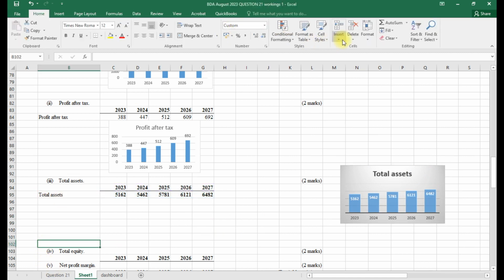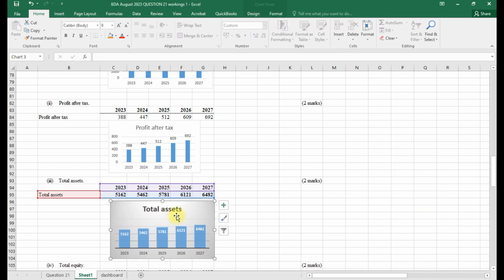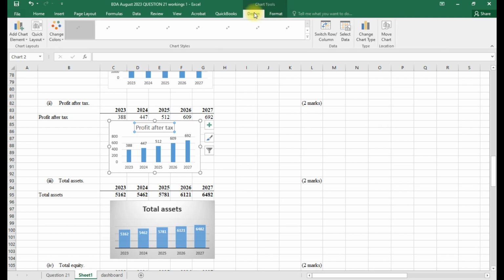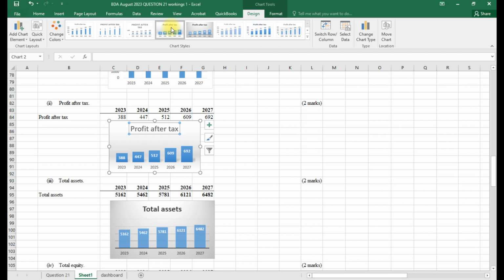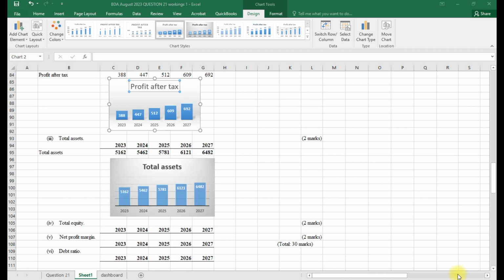Just need to add 2 more rows. Yeah, that is a chart for total assets. You can change these designs if you wish, whichever you wish, you can use.